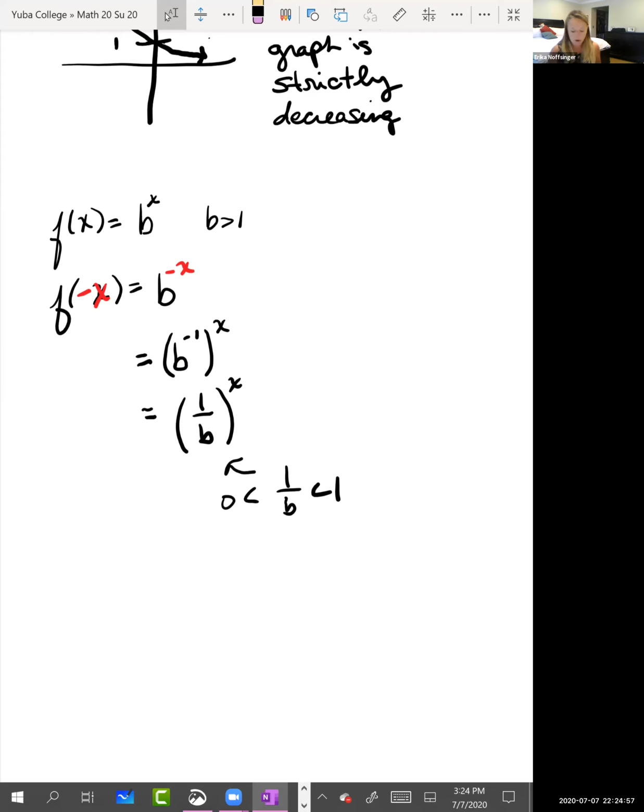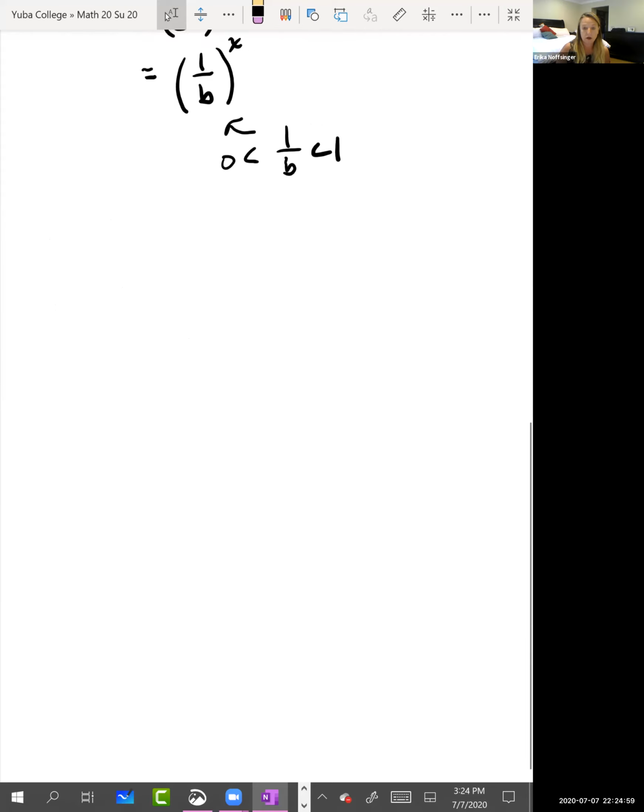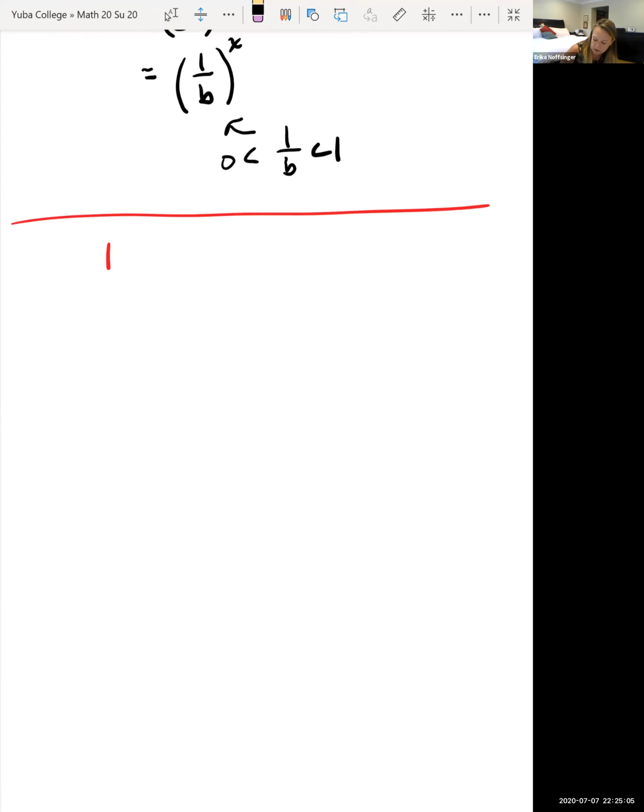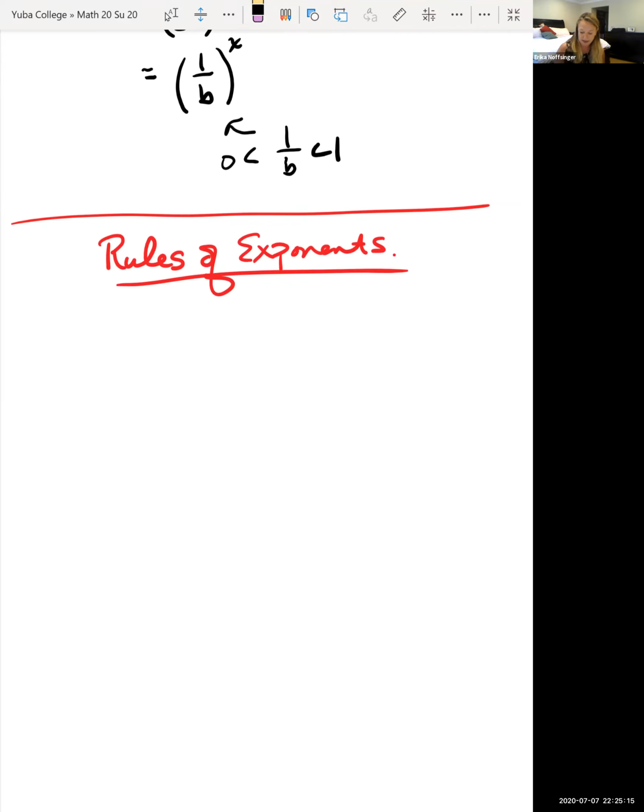So I wanted to go back and review rules of exponents. We're going to use these, and you'll use them again further on in your math careers of manipulating things.